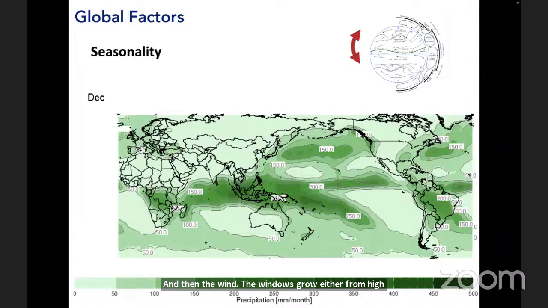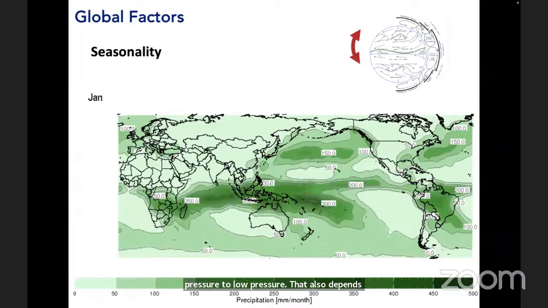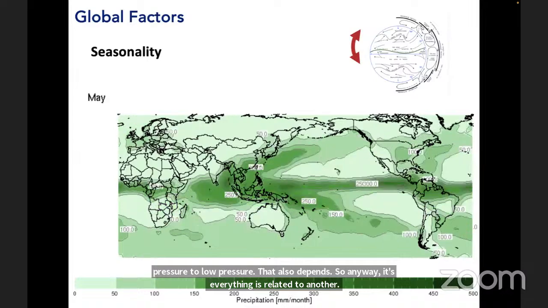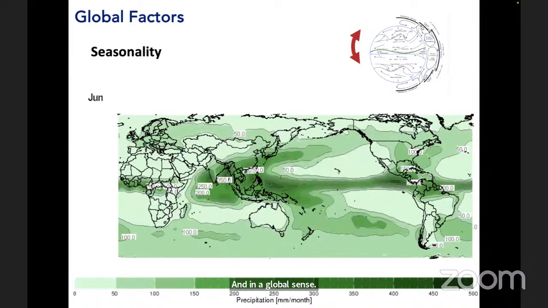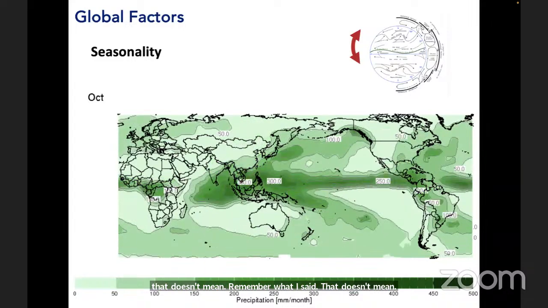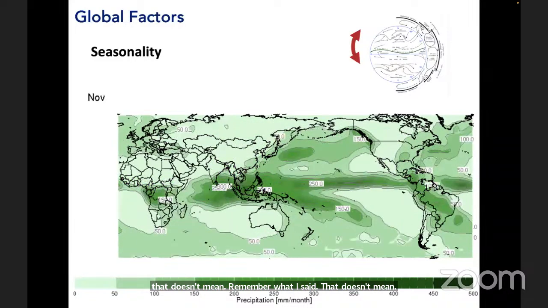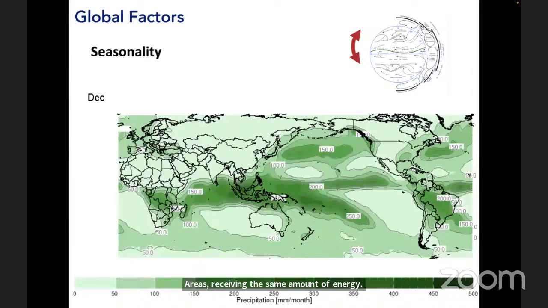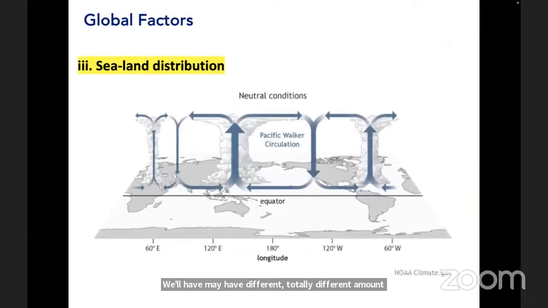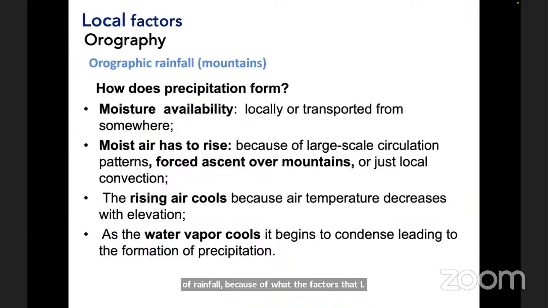So everything is related to the energy in a global sense. But that doesn't mean areas receiving the same amount of energy may not have totally different amounts of rainfall, because of these local factors.